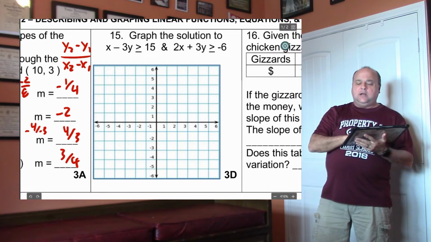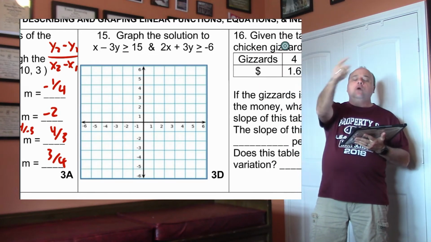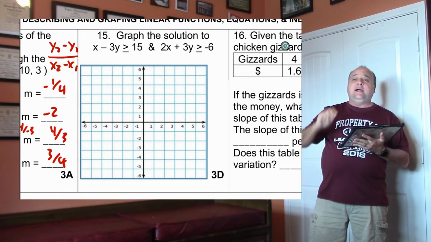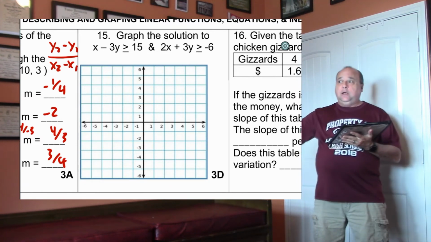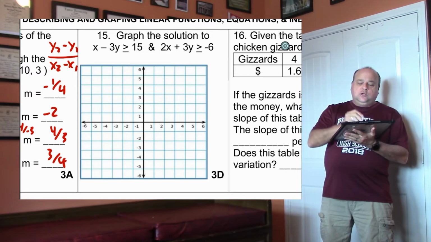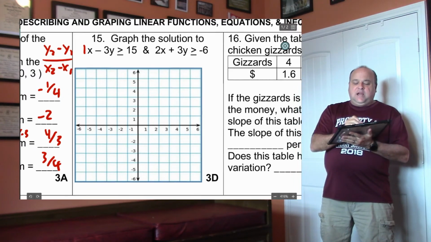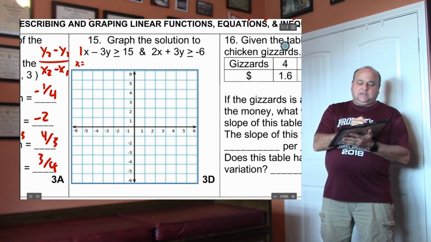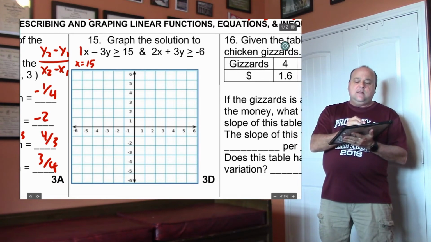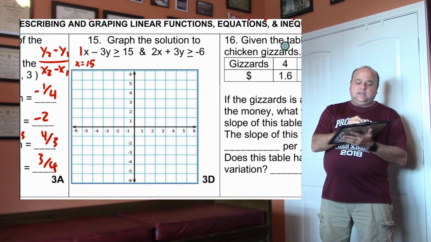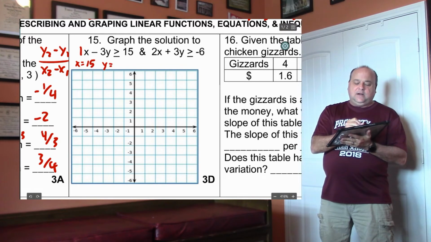Continuing on, let's go to number 15. Okay. We're going to graph these by getting the x and y intercepts, okay? And the slopes, okay? So on this one right here, 15 divided by 1, my x is going to be 15. I can't graph that. 15 divided by negative 3 is a negative 5. My y is negative 5.